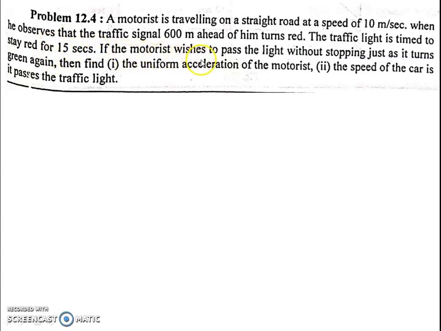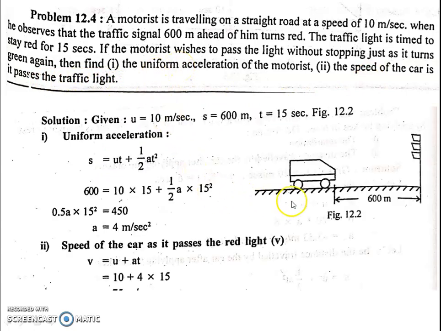If the motorist wishes to pass the light without stopping, just as it turns green again, then find the uniform acceleration of the motorist and the speed of the car as it passes the traffic light. So V is asked again and A is asked in this problem. This is the pictorial representation.